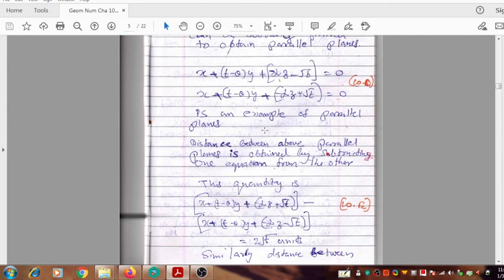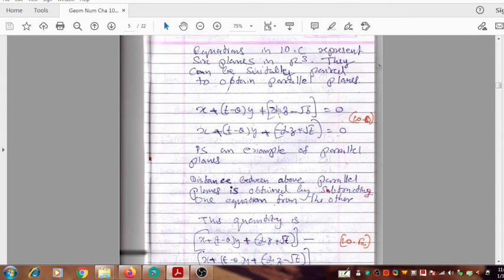And the distance between these two parallel planes is obtained by subtracting one equation from the other. How can we obtain the distance between these parallel planes? That's an interesting question.